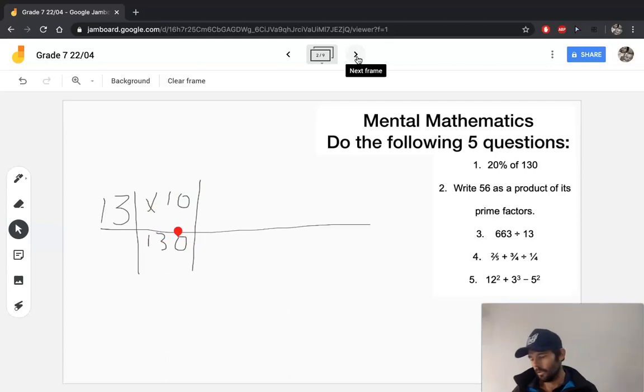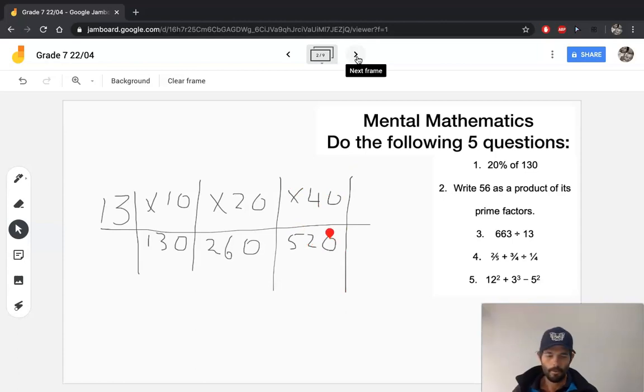If I multiply it by 20, I can just double it to 260. I can double it again to multiply it by 40, and that's going to give me 520. Now I need to look. I've still got to get from 520 to 663.